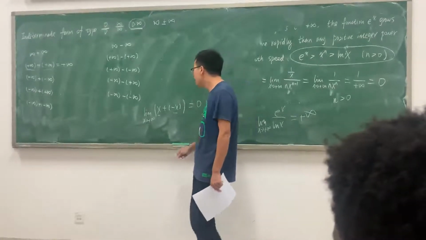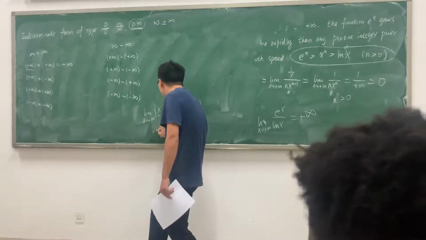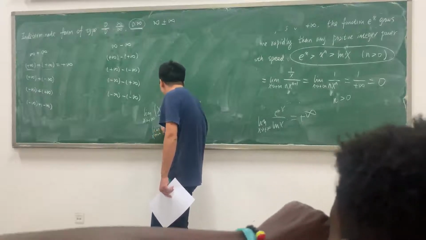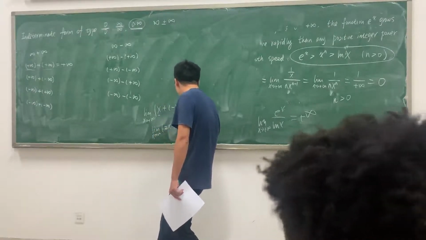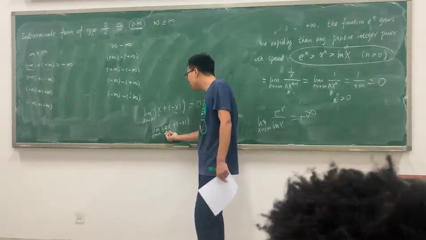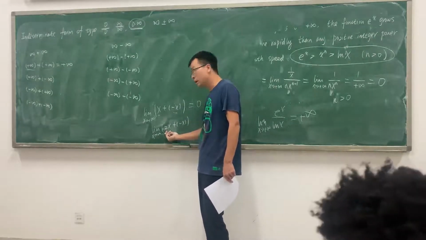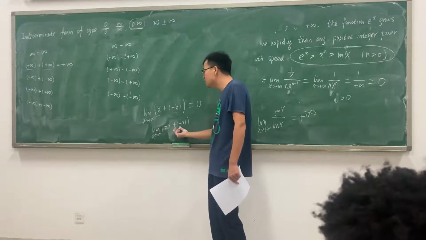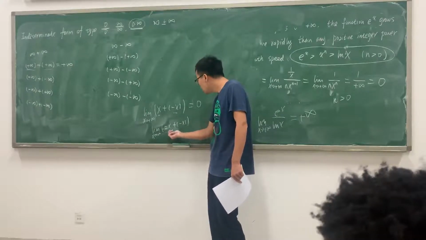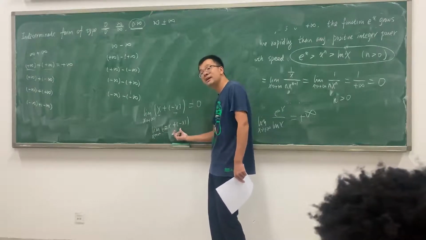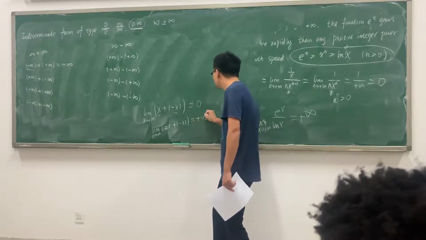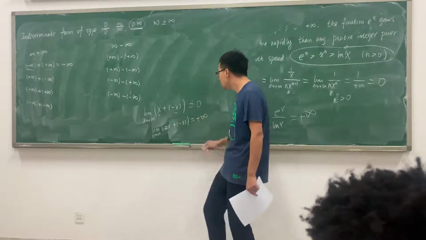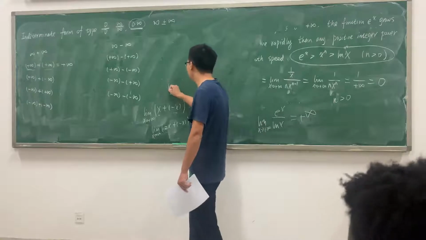But if it is 2x plus minus x, 2x is plus infinity and minus x is minus infinity, and the result is x, so plus infinity.